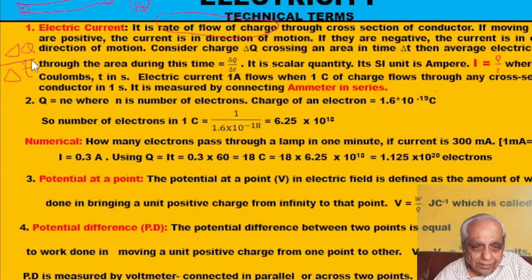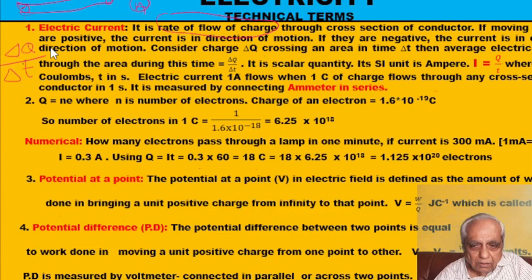Is it all right? So this is the first formula we have derived. Instead of delta, we can also say dq by dt, the rate of flow of charge. So this is the first formula: current is equal to Q upon T. You should remember this.